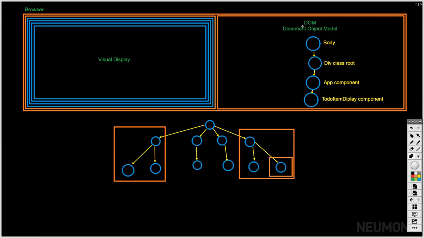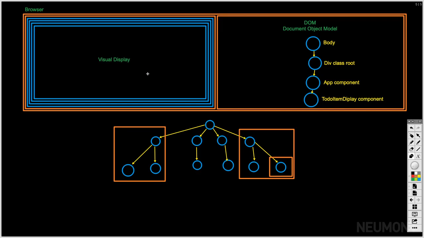Now, if we rely just on the browser's implementation of the DOM, every time we make modifications, a redraw is going to be requested, and it's going to try to keep up with redrawing. And as we make more and more changes to these components, maybe one or more components, maybe as we type in this one, we're adding new stuff to this component, and we're trying to visually change the way this component looks, we're going to have a lot of redraw requests happening, and it's going to bog down the browser.